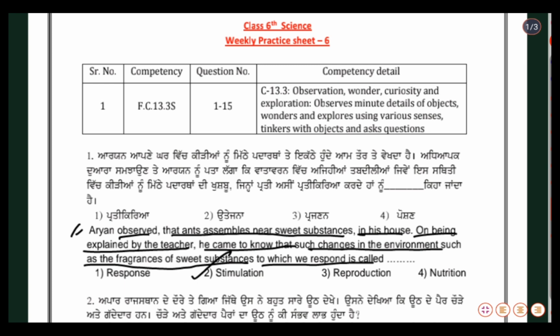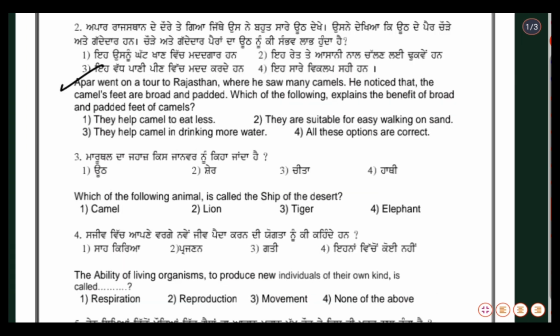Question number 2. Apar went on a tour to Rajasthan where he saw many camels. He noticed that the camels' feet are broad and padded. Now, which of the following explains the benefit of broad and padded feet of camels? Camels have broad and padded feet that help them to walk easily on the soft desert sand without sinking.